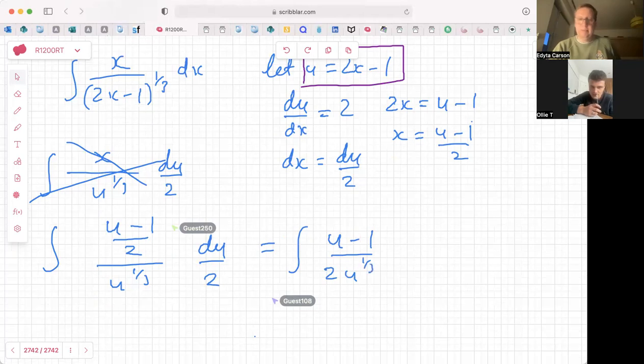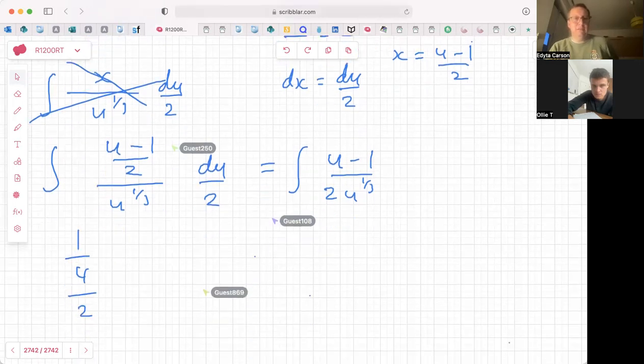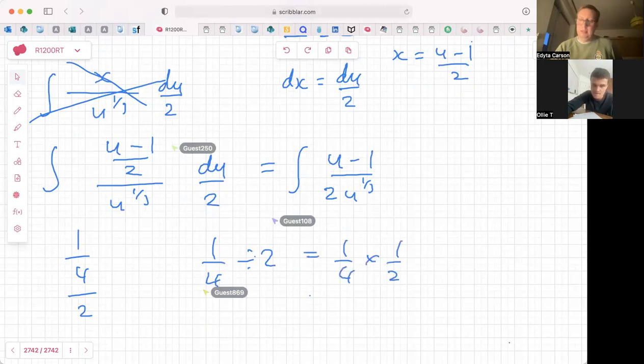Wouldn't it be fractional? So if you divide a quarter by 2, it's a quarter times a half.